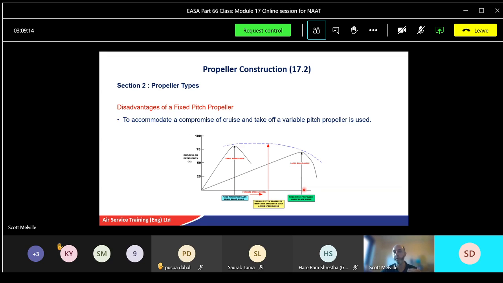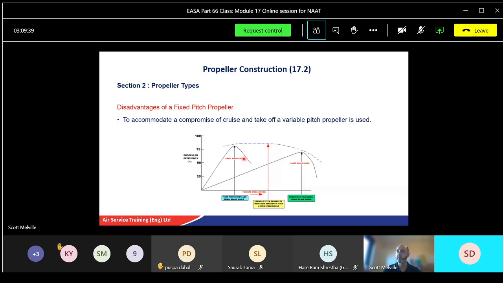It can cope with variable speeds compared to your fixed pitch. Fixed pitch is very short, it can't really cope with that. So a variable pitch propeller maintains efficiency over a wider range, where a fixed pitch has a very limited range, unless you physically take the propeller off and put a different angle of attack on. So it just shows you a slight difference between the two.